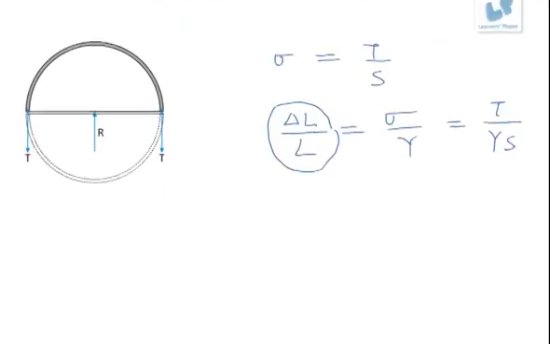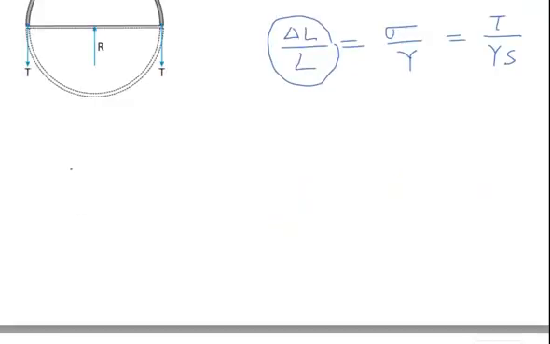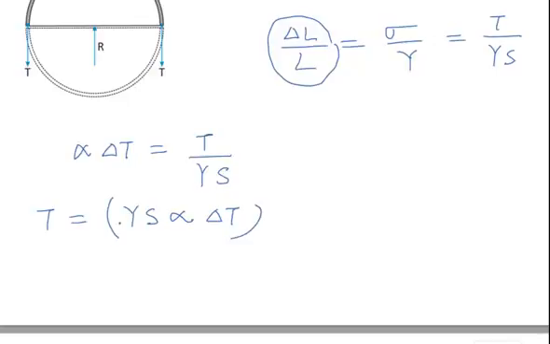So we can write delta L by L as alpha delta T, that is equal to tension T upon Y S. So tension T is given by Y S alpha delta T.